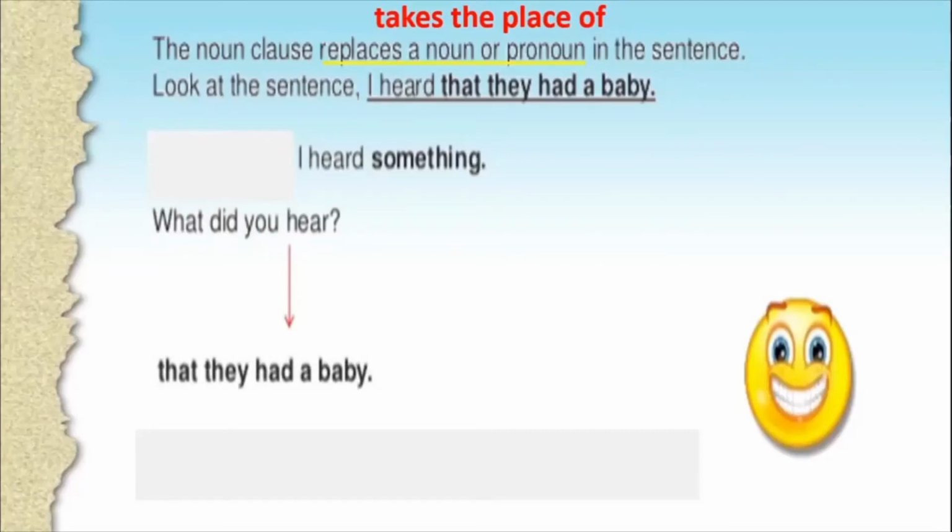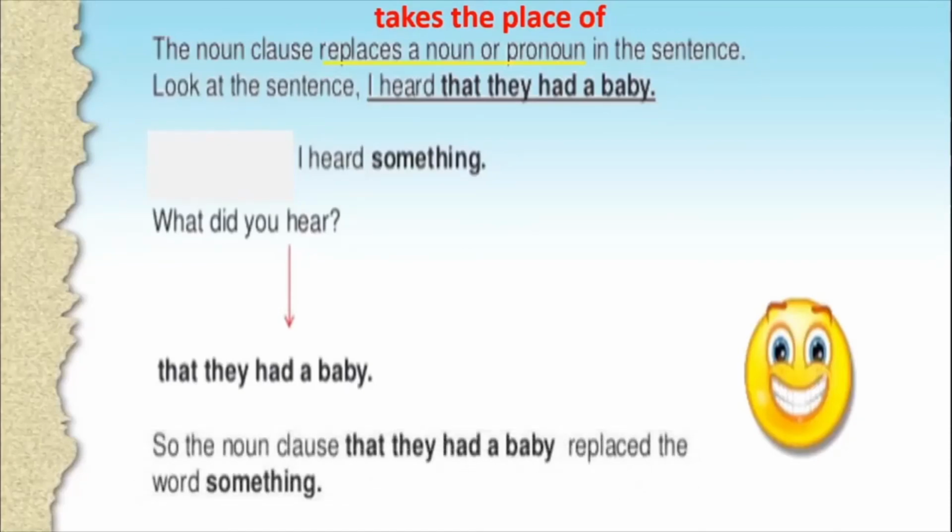So I am replacing the something, which is a noun, with they had a baby. So that they had a baby becomes a noun clause here. Whenever you use a group of words to replace a noun or a pronoun, that becomes a noun clause.